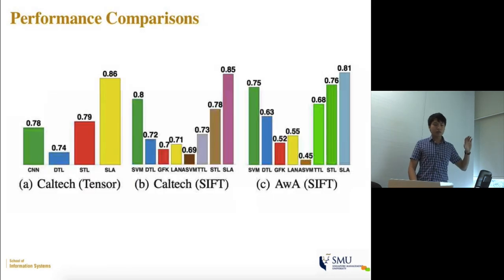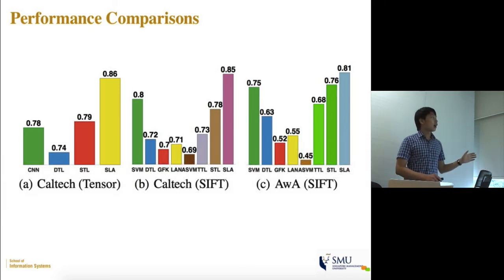So overall, the proposed algorithm outperforms the baselines, both in the case of using an additional CNN layer and the case of not using it.